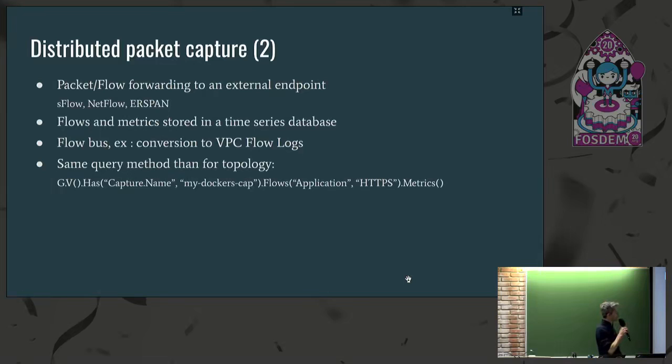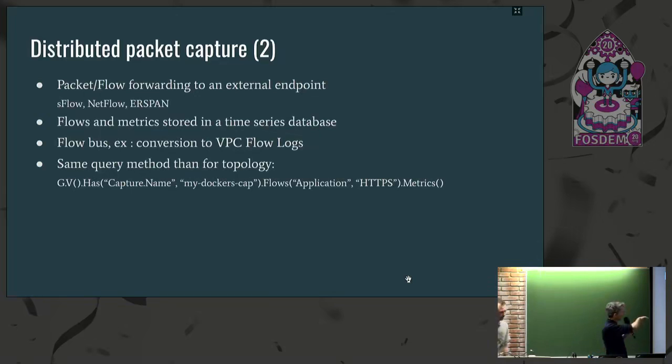So if you want to do calculation on that, you can. There is a way to subscribe to the flow bus. So meaning when the agent forwards the flows to the analyzer, you can write a subscriber to the analyzer, and then you will get the flows. And that's useful if you want to write your own flow processor.